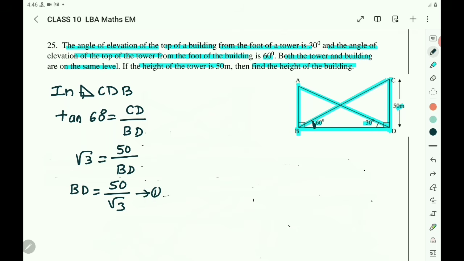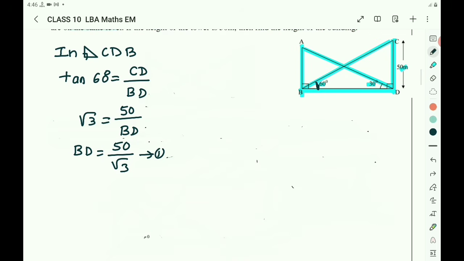In the right angle triangle ABD, we have to find AB, which is the height of the building. BD you got. Then for this 30 degree, AB is the opposite side and BD is the adjacent side. Again use the trigonometric ratio with opposite side by adjacent side. Then you write the name of the triangle.